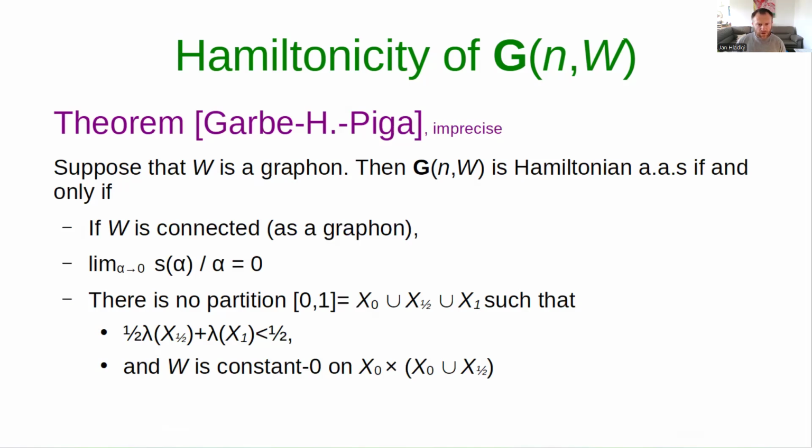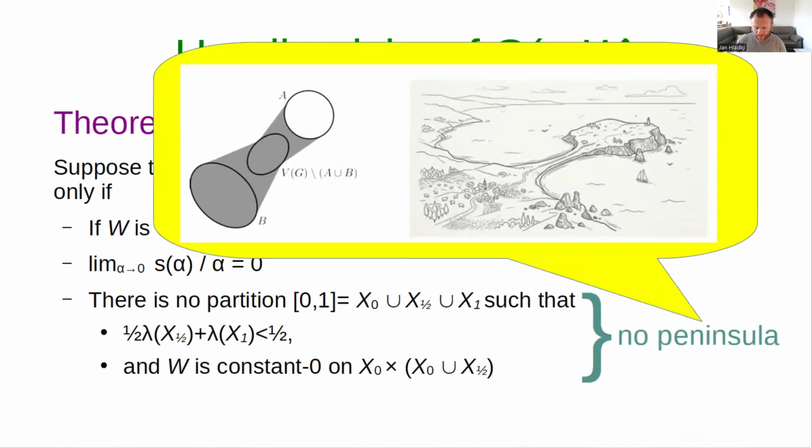And the third one, we saw it on the previous slide, is that there is no partition of the unit interval into x0, x1/2, and x1, satisfying the zero cross-section condition and the relation between their size, or alternatively, their weighted average being less than 1/2, which we just discussed. Let me just say that such a structure x0, x1/2, x1, we call a peninsula, and I think you can see the graphical similarity here.